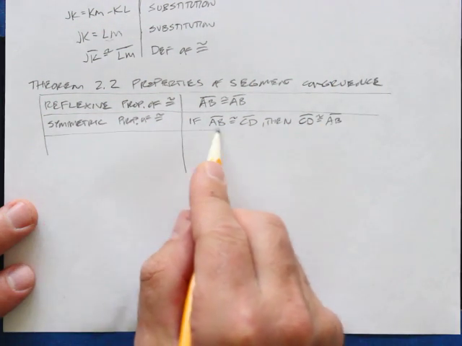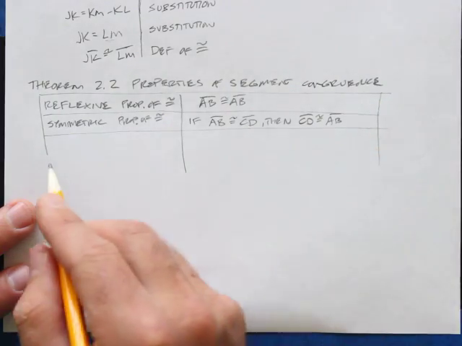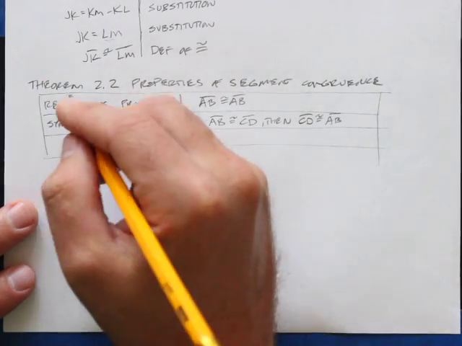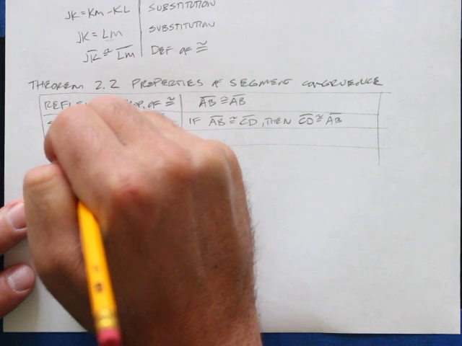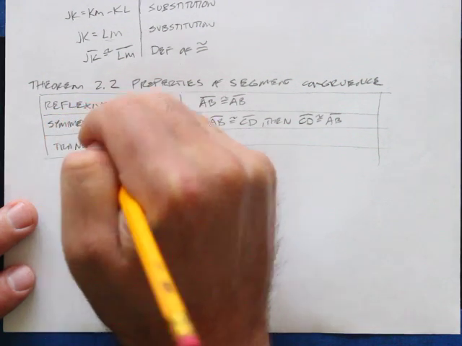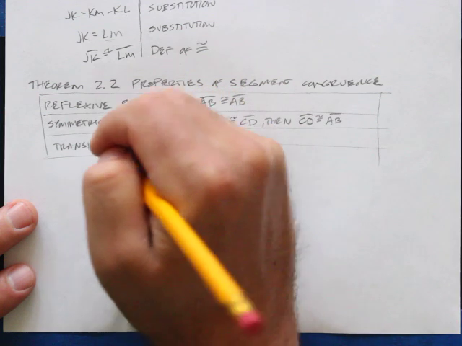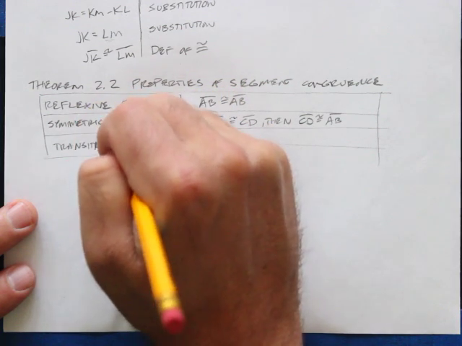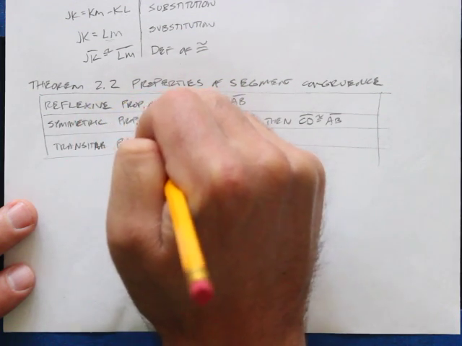And our last theorem here, or last piece of this that we're going to talk about, is the transitive property of congruence.